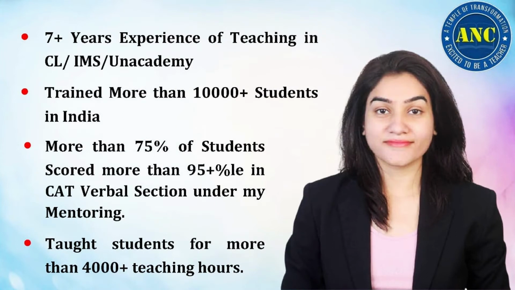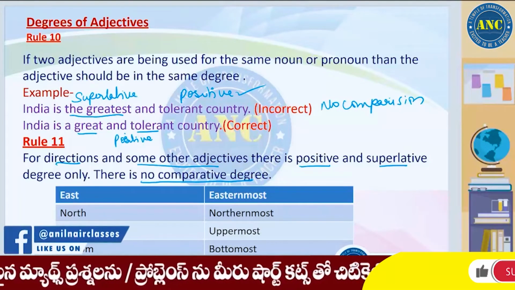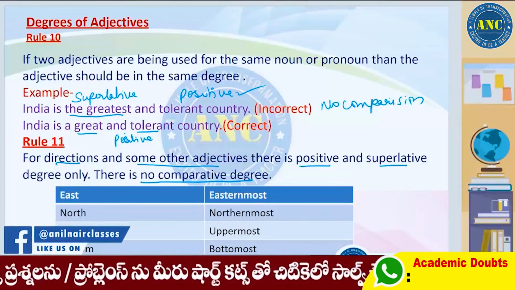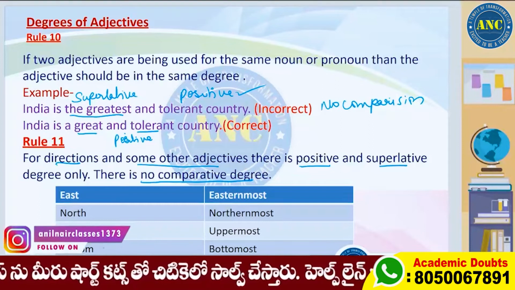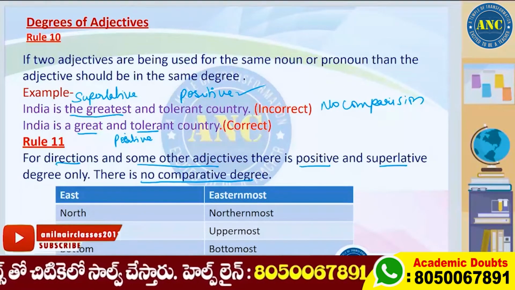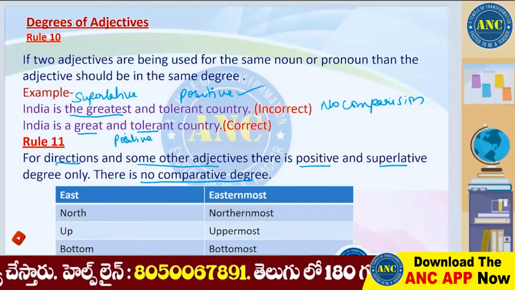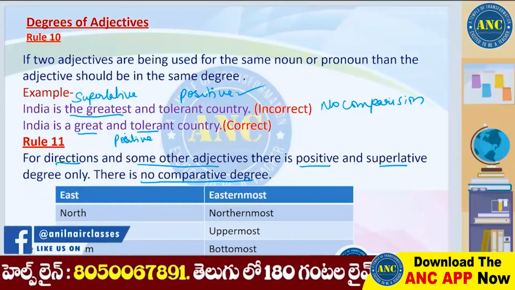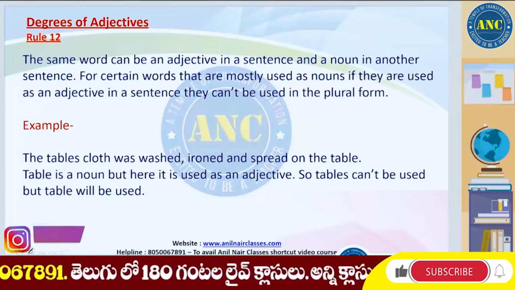For example, north is positive degree. The superlative form will be northernmost. Up, positive degree. Uppermost is the superlative. Bottom, positive. Bottommost is the superlative degree. So better to memorize them, keep going through them, remember the directions, right? They can be used only in positive and superlative degree. Let's move ahead to the next slide.